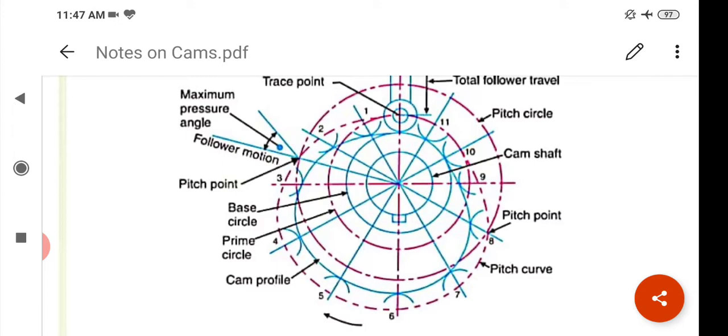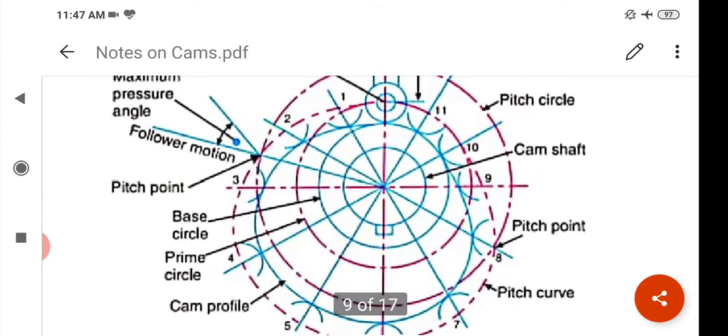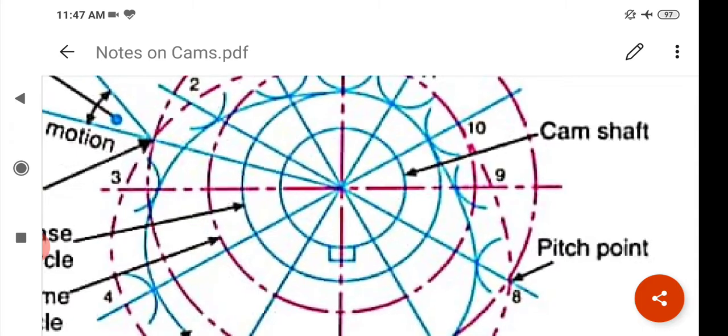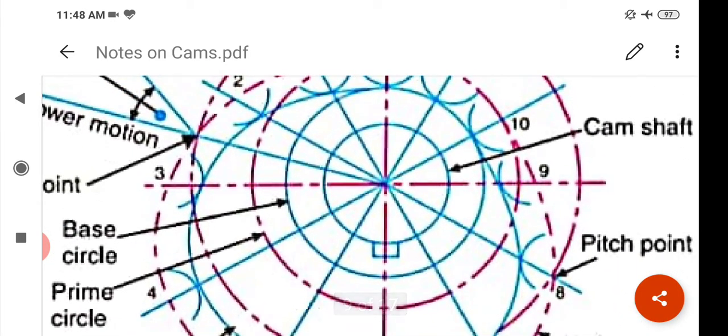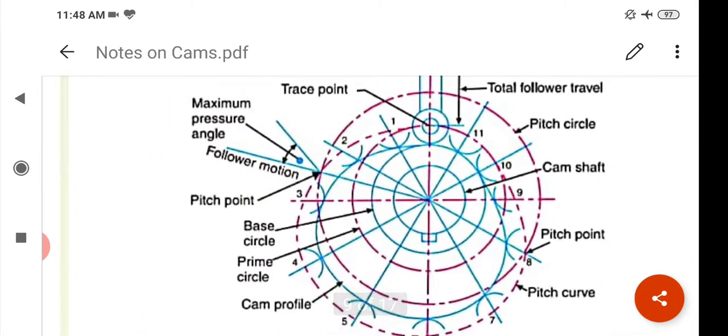In that circle you will have the shaft and the key placed firmly, and that represents your camshaft. Outside the camshaft, the second circle you get is the base circle. Sorry for the pixel break here. This base circle will form the tangent to your cam profile. That smallest circle which is possible, we call it the base circle.